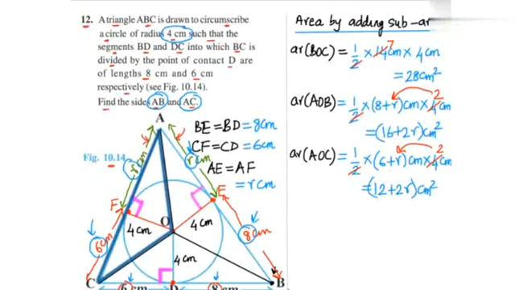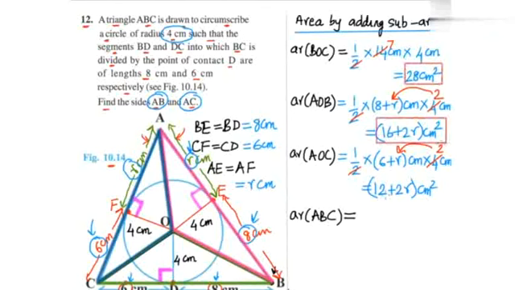And now finally, we can find the area of the entire triangle by adding these three areas, the area of BOC, of AOB, and of AOC. So the area of triangle ABC, the entire triangle, will be the sum of the three smaller areas. What are the three smaller areas? We have 28 centimeters square, we have 16 plus 2R centimeter square, and we have 12 plus 2R centimeter square.